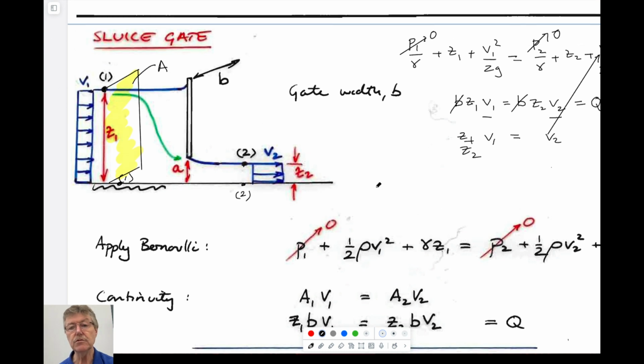But if you did that, you just have an extra pressure equation to contend with, because this pressure here would be equal to P2 is equal to rho g Z2, right?